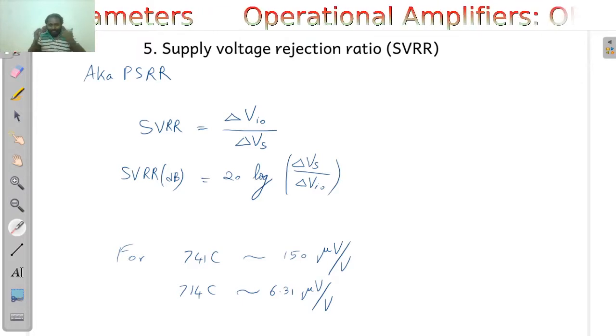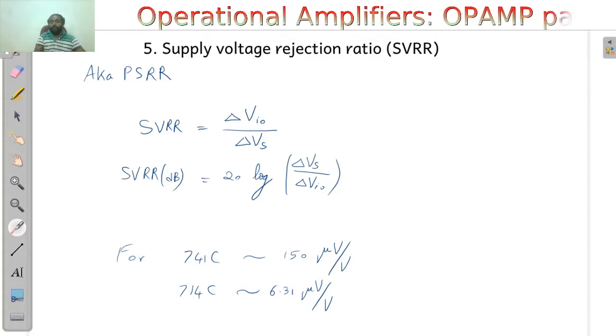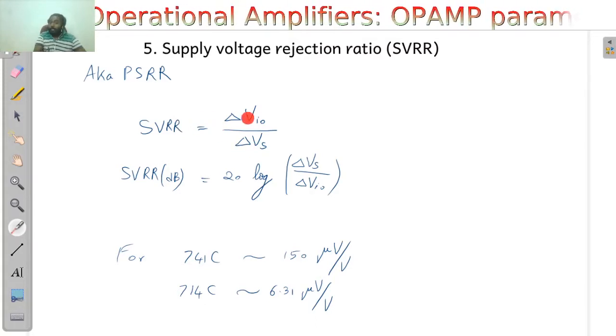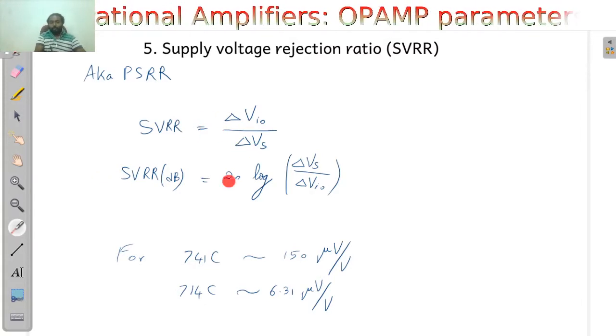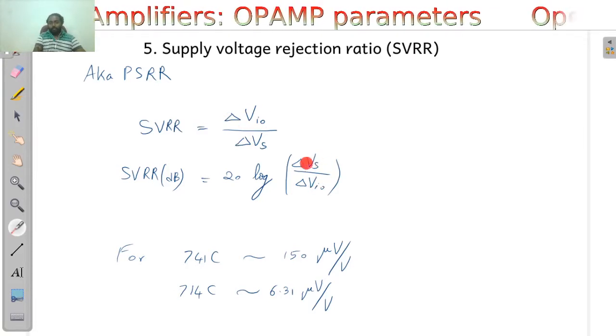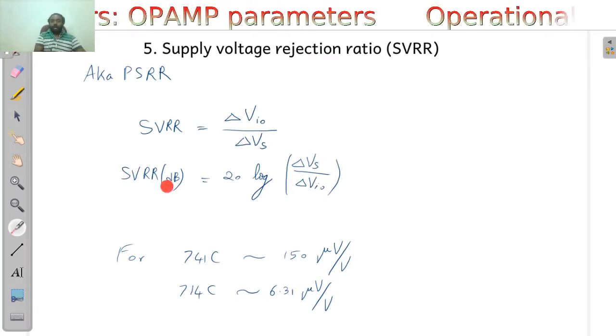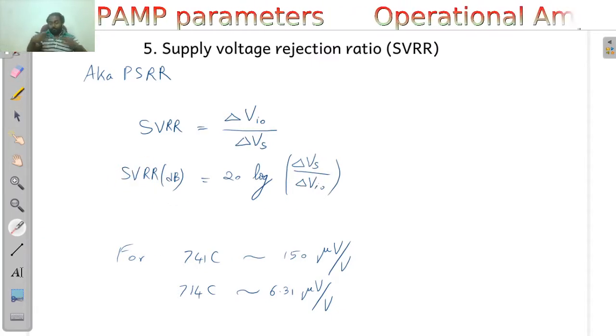Okay, so in the case of an ideal operational amplifier, your supply voltage rejection ratio should be 0 in linear scale, and in the case of logarithmic scale, this ratio is inverted and it should have a value which is very high.